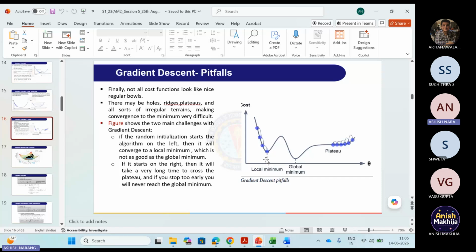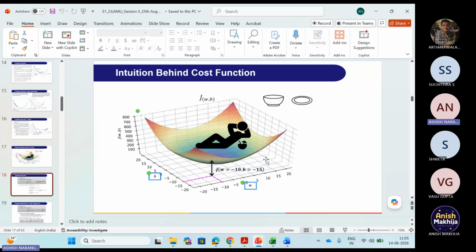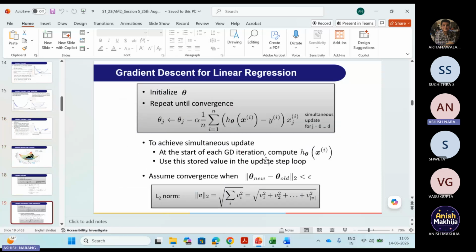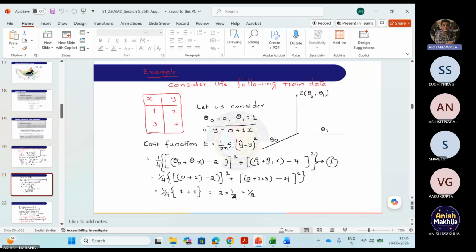If the function has multiple minima, you may find a global minima, but you may also end up in a local one. Both cases are possible. If you want to find the global minima, there are other optimization techniques we need to consider. So this is the numerical problem. Simply, when we have a bowl shaped function with one global minima, we use gradient descent. Make sense? Yes, sir. Next.